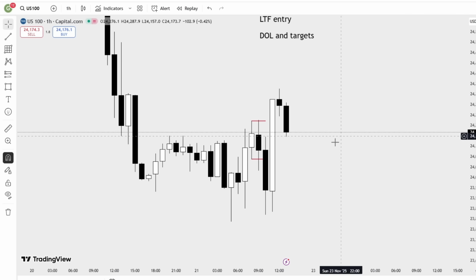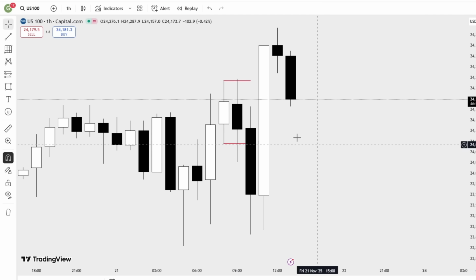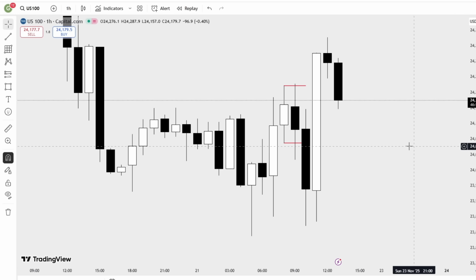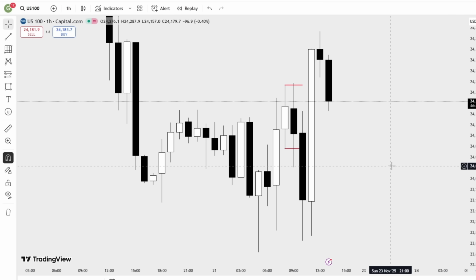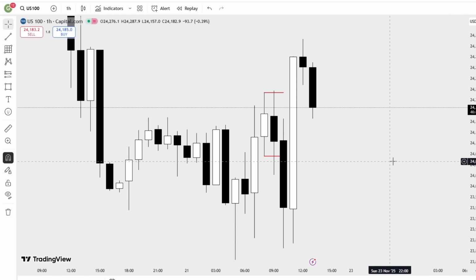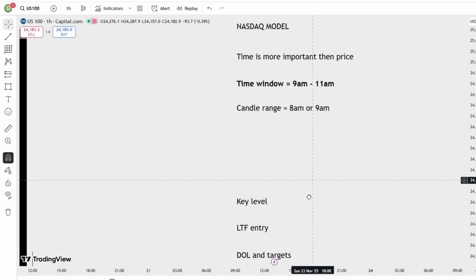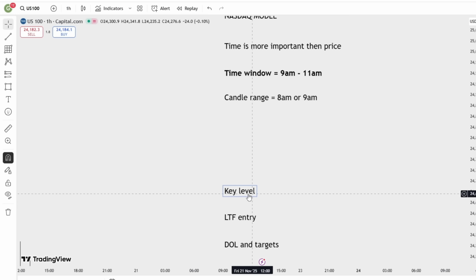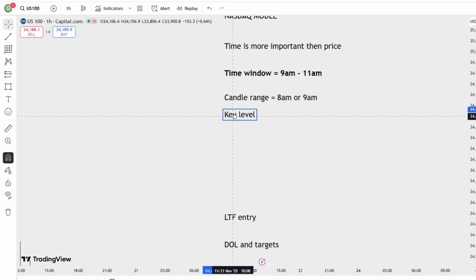You spot your 8 a.m. candle or your 9 a.m. candle. The first thing you're going to do is look at the 8 a.m. candle, or 9 a.m. candle, and see if a key level has been hit.